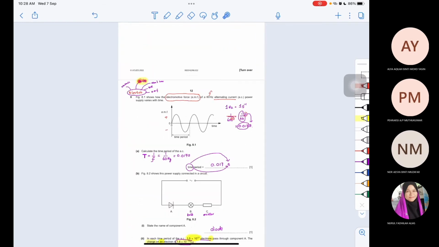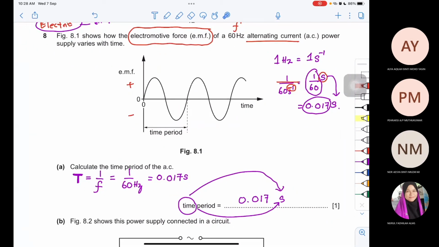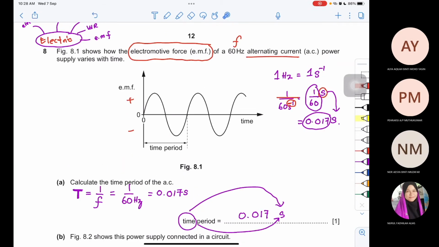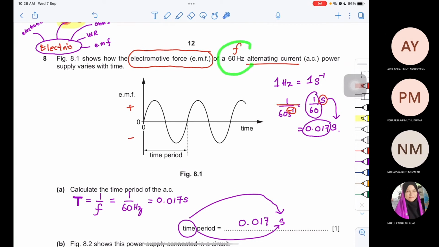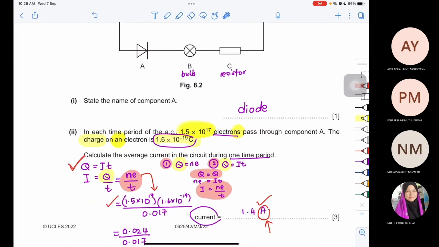Okay, here the difficult part, I think this question will be difficult for some of the students. You may not remember how to relate period to frequency. Here, given the frequency, you are expected to know that period is related to frequency in this way, or frequency equals 1 over period. It's the same. That's the only part I think is difficult. Everything else is common.